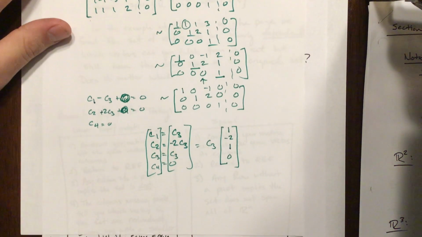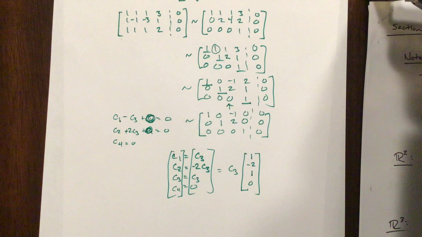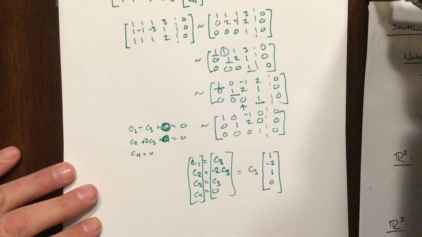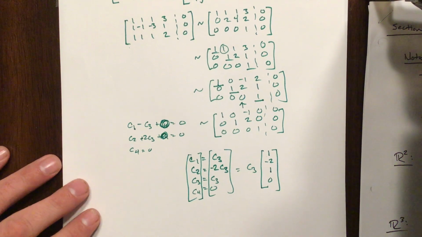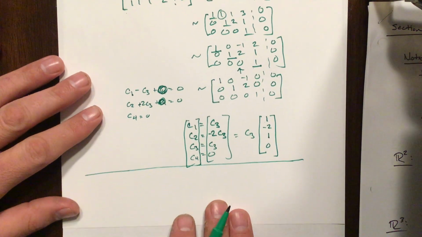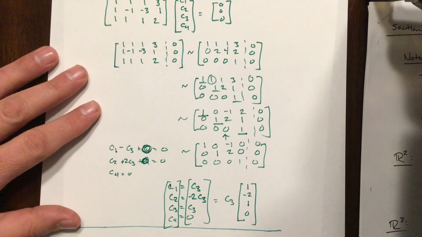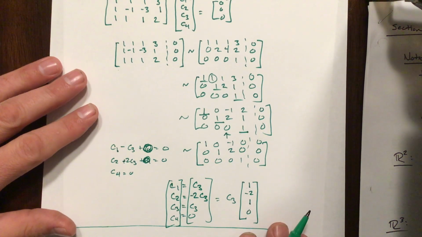Let me explain how this is relevant. Actually, I'm going to do that in a couple examples from now. So is this set of vectors linearly independent? The answer is no. It's not, because if I let C3 be anything we want, like 1, then C1 is 1, C2 is -2, C3 is 1, C4 is 0.